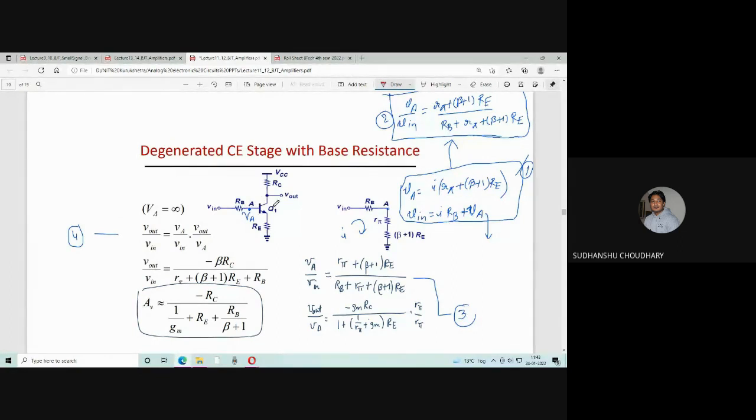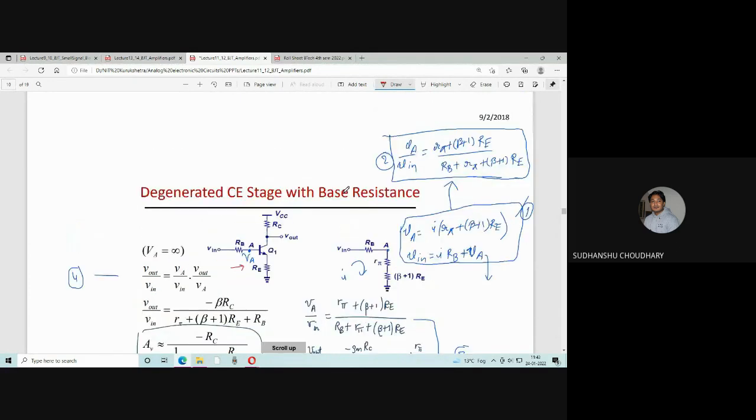So for finding the gain of this circuit, let us first of all look into this part, that is base to emitter loop here. So in the base to emitter loop, one can transform this portion base to emitter, which we use to calculate the input impedance.